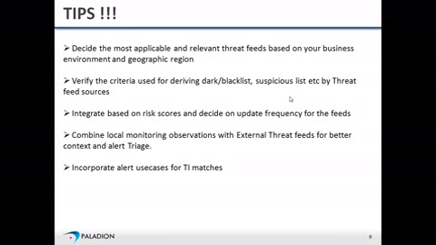The fourth tip is combining local monitoring observations with external feeds for better context and alert triage. If I have some local observations confined to my network, and I combine these with an external feed, I get better context and can prioritize actionable events, so I have better alert triage to handle.